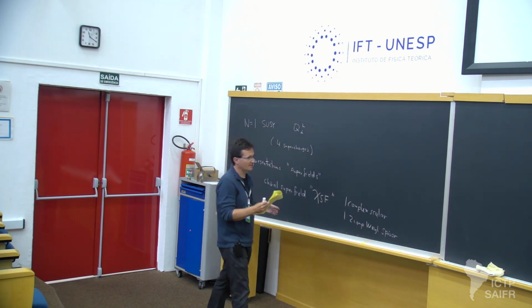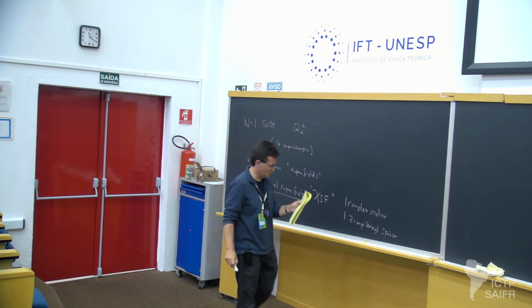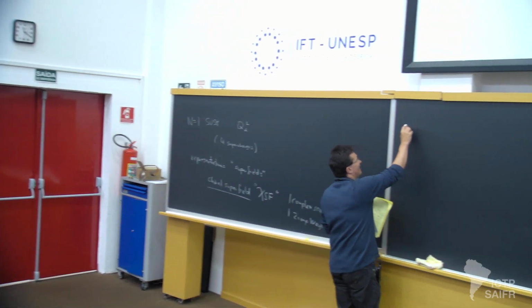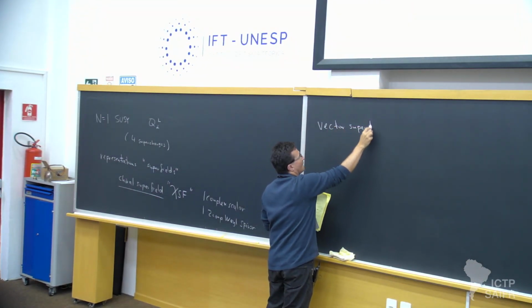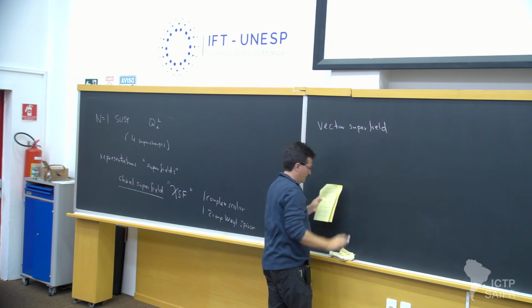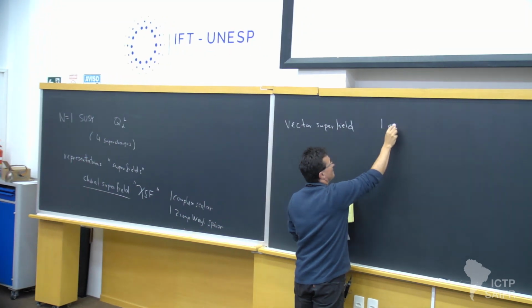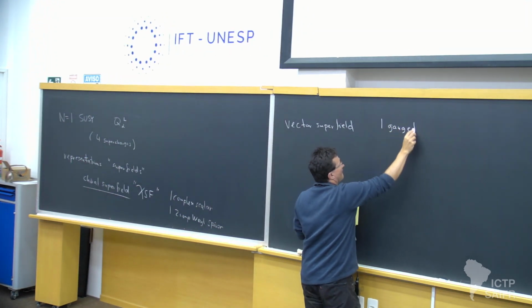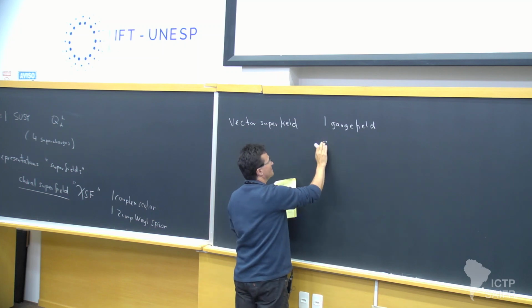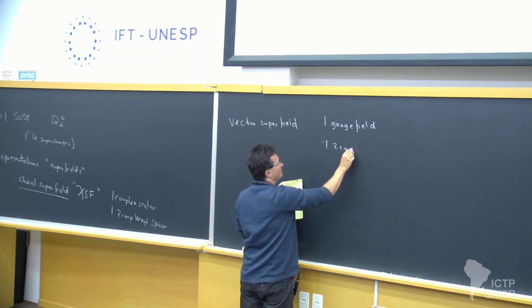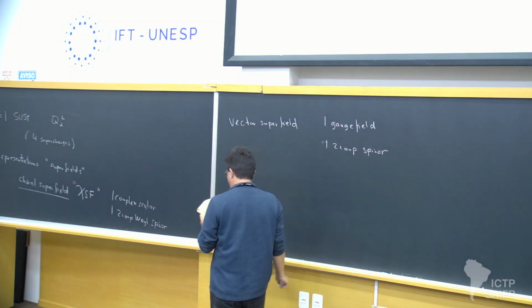And the other basic representation that we will be using to build up a supersymmetric theory is called the vector superfield. And this contains one gauge field and one two-component spinor. Okay.